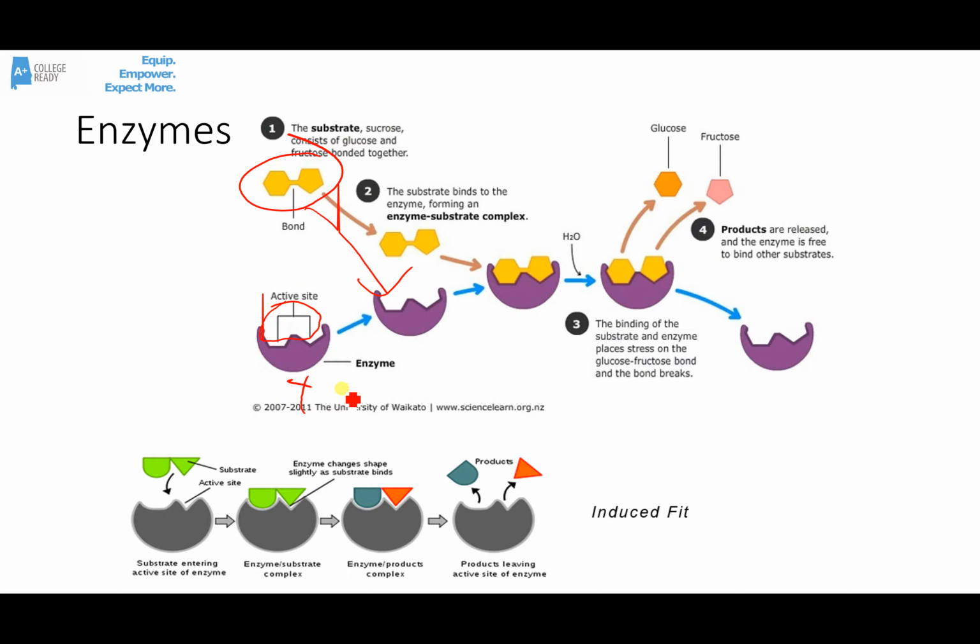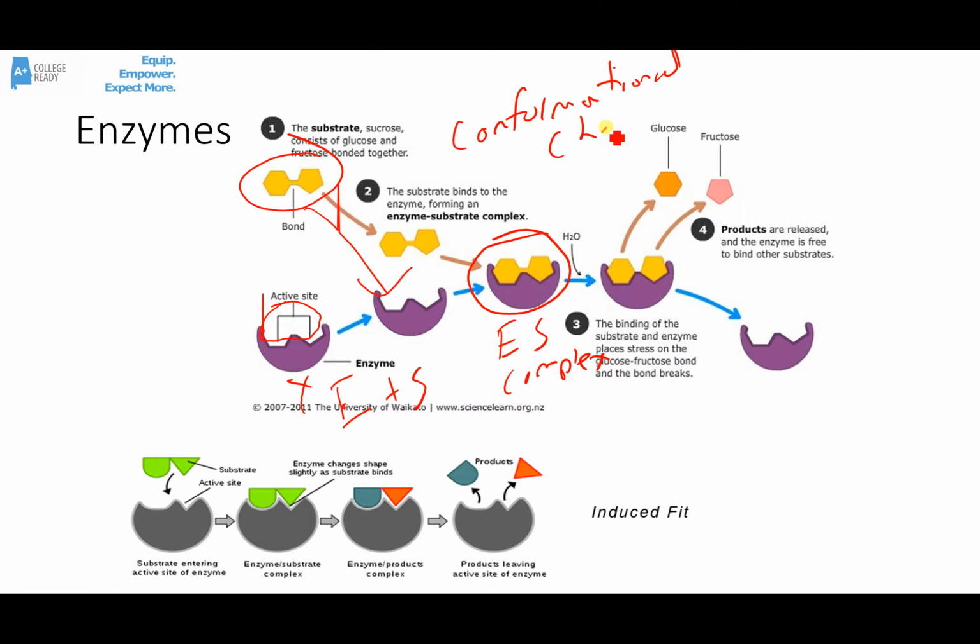So sometimes we'll say this is an enzyme plus a substrate. Once they get together, we have what's called the enzyme substrate complex. Typically during this time, the enzyme will go through what's called a conformational change or an induced fit. And it will act upon that substrate to either break it down or put two different substrates together possibly.